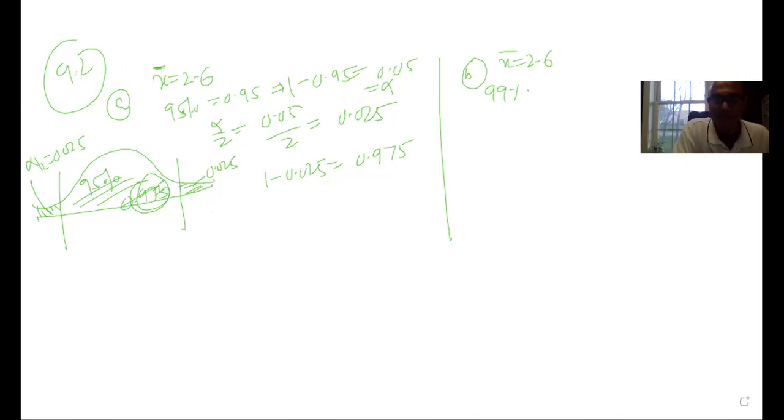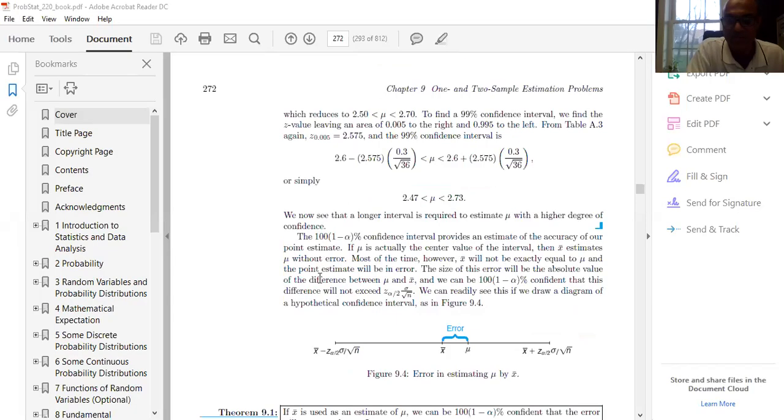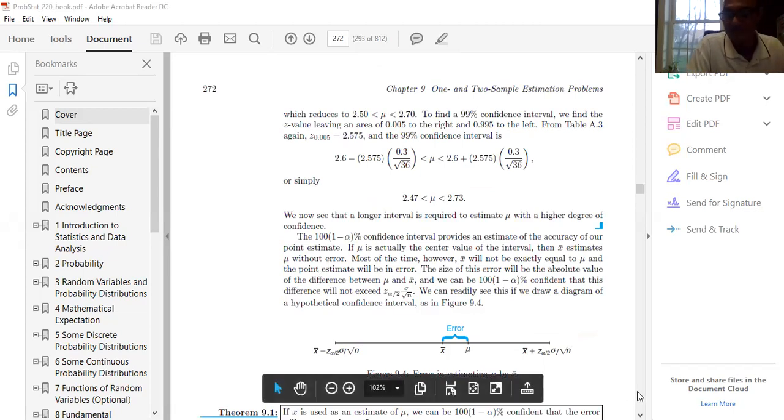Then let me stop sharing this and share my book. It's very time consuming. We are on page number 271, and the table is given on page number 736.